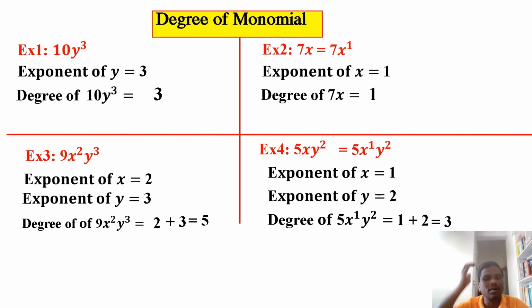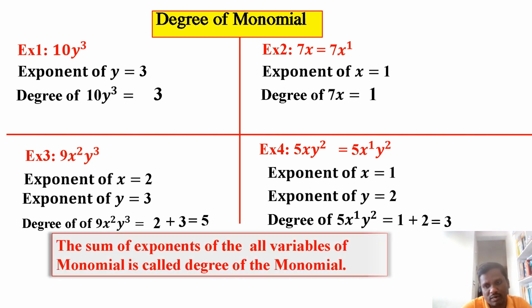And now what we conclude: the sum of all exponents of the variables of a monomial is called the degree of the monomial.